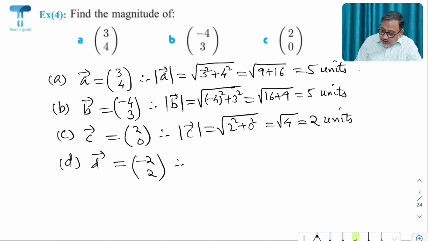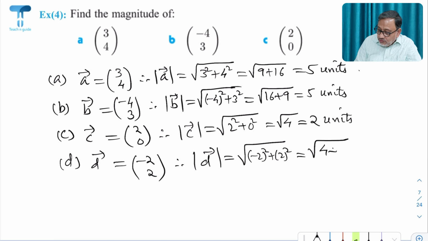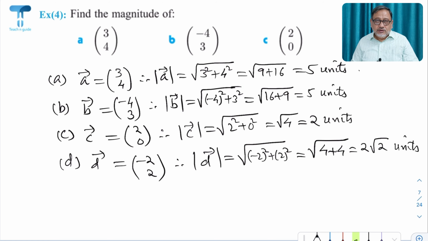So therefore magnitude of vector d will be square root of negative 2 square plus 2 square, which will be 4 plus 4, 8, which can be 2 root 2 units. Okay, so I hope you understood how to find the magnitude of any vector. It is not difficult. You have to write in the square root the x component square plus y component square.